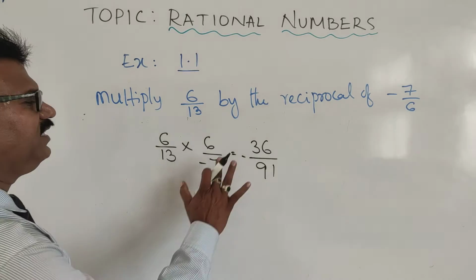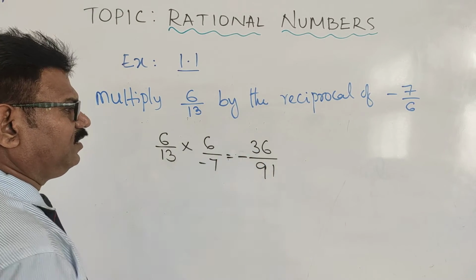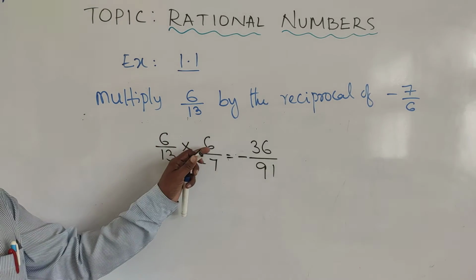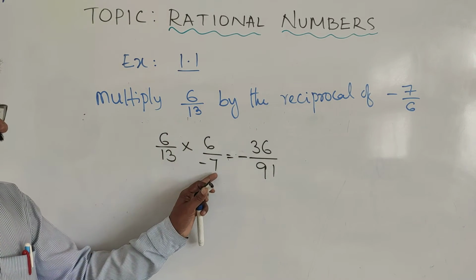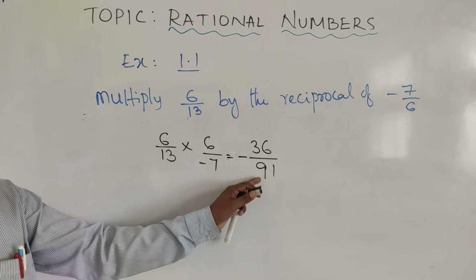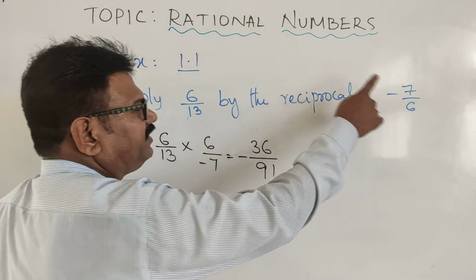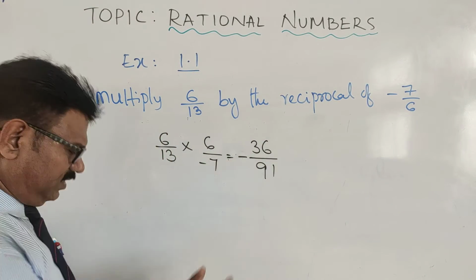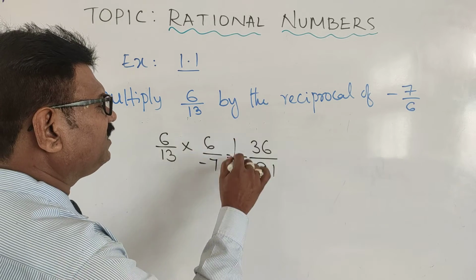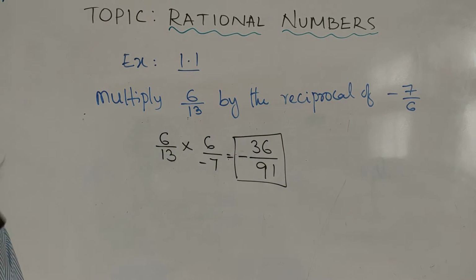The answer is what? Yes, minus sign. Minus 6 into 6 is 36 and 13 sevens are 91. So minus 36 by 91 is the answer. Very simple. See, the question is this much, but the answer is only this much. Clear? Next one, very simple question.